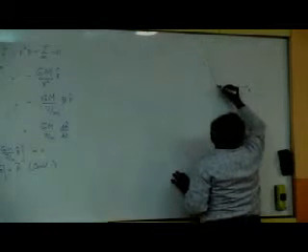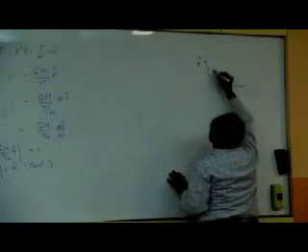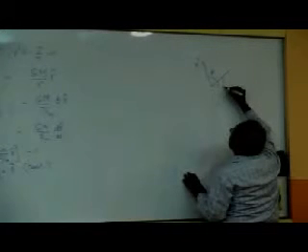Now, let me draw my x-axis this way, and let this be the A vector. Let this angle be phi. And let the particle of mass m be making an angle theta.